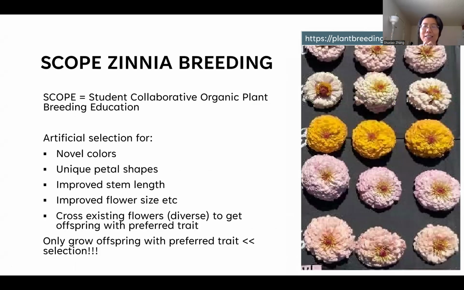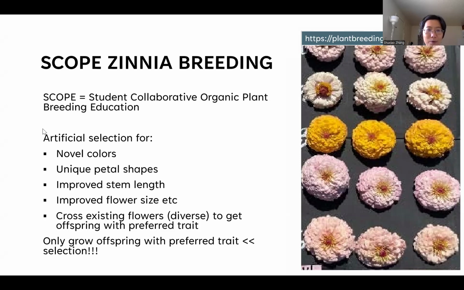Artificial selection is something that we use extensively in plant breeding. So there's a student-run Xenia breeding program at UC Davis done through the Student Collaborative Organic Plant Breeding Education. So there are a lot of undergraduate and graduate students who run this entire show.